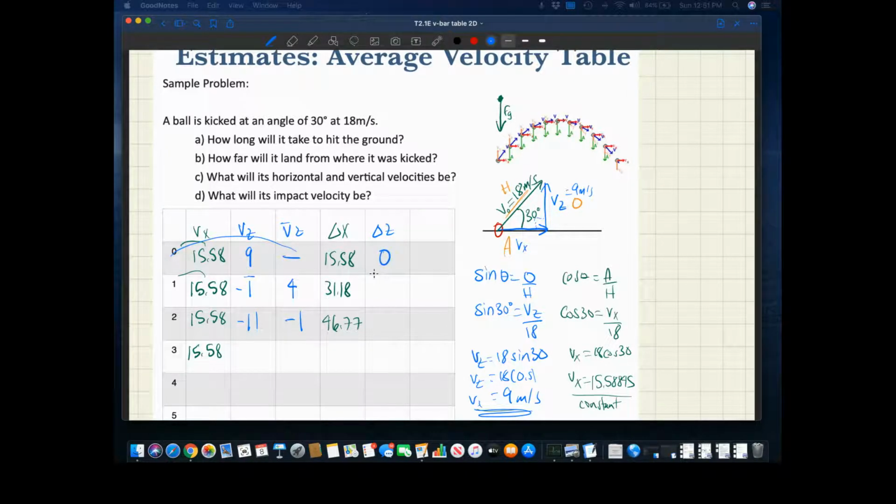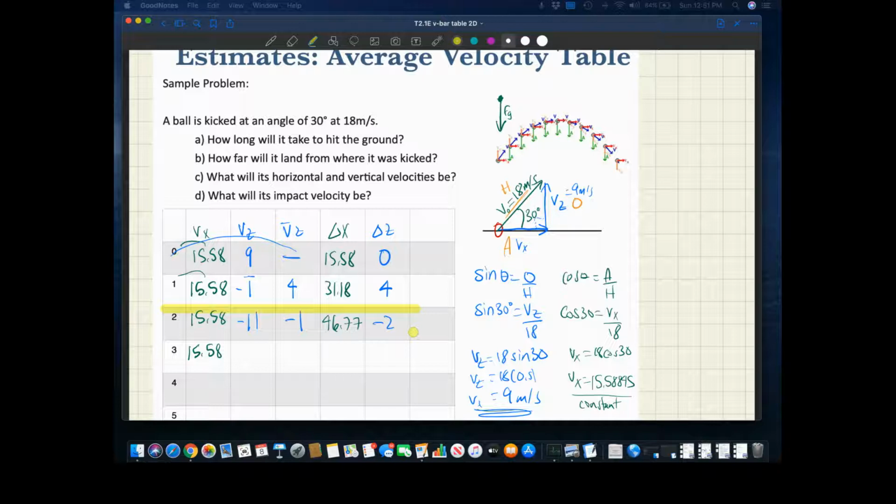So no change at zero, and we have a delta z of 4 meters. After 2 seconds, we have a delta z of minus 2. That means it's 2 meters lower than what it started. Well, it started at ground level, so we can see already this thing has hit the ground before 2 seconds.